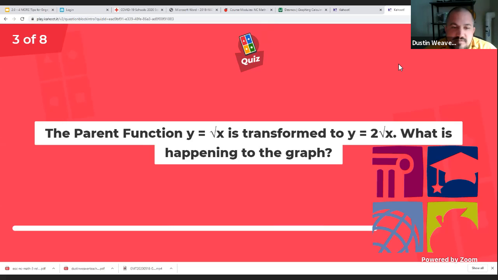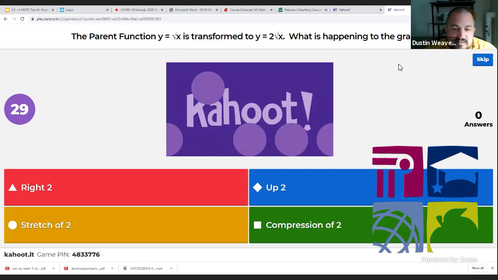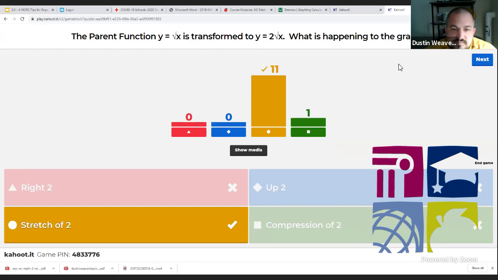What happens when we put a 2 in front? That is a stretch of 2. Remember, anytime the slope increases, they call that a vertical stretch.